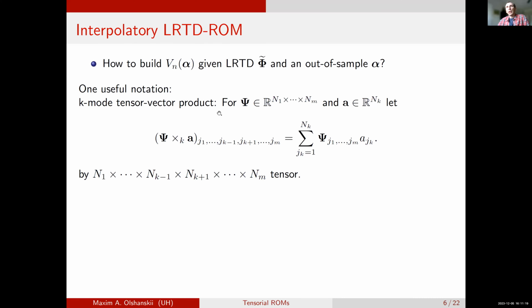This is essentially a convolution of a tensor with a vector along the kth mode. So it's like the matrix vector multiplication, but along one particular mode. And as an output, we have a tensor of order m-1, so one order less. So this is the operation that I will need.